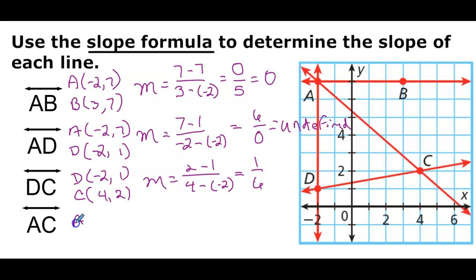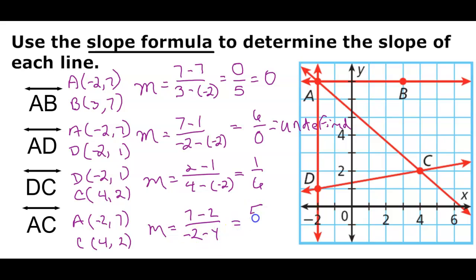If you notice, that's a positive slope, and that goes uphill. AC, A is -2, 7, and C is 4, 2. So we're going to go with the slope. Again, it doesn't matter which one I use first. I'm going to go with 7 minus 2 over -2 minus 4.